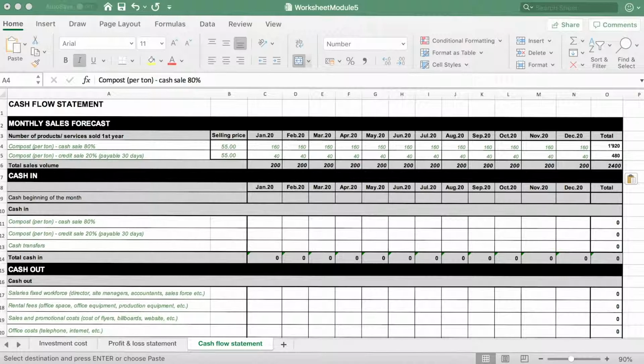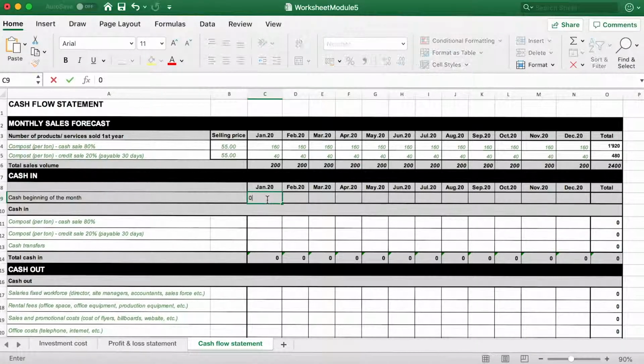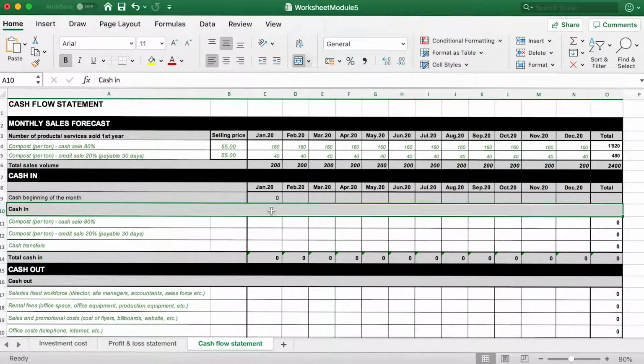Now, please head down to the line that indicates the cash at the beginning of the month. Since our business is just opening on January 1st, the balance is 0. On the cash in, please list all of the cash that is coming in during the first month.